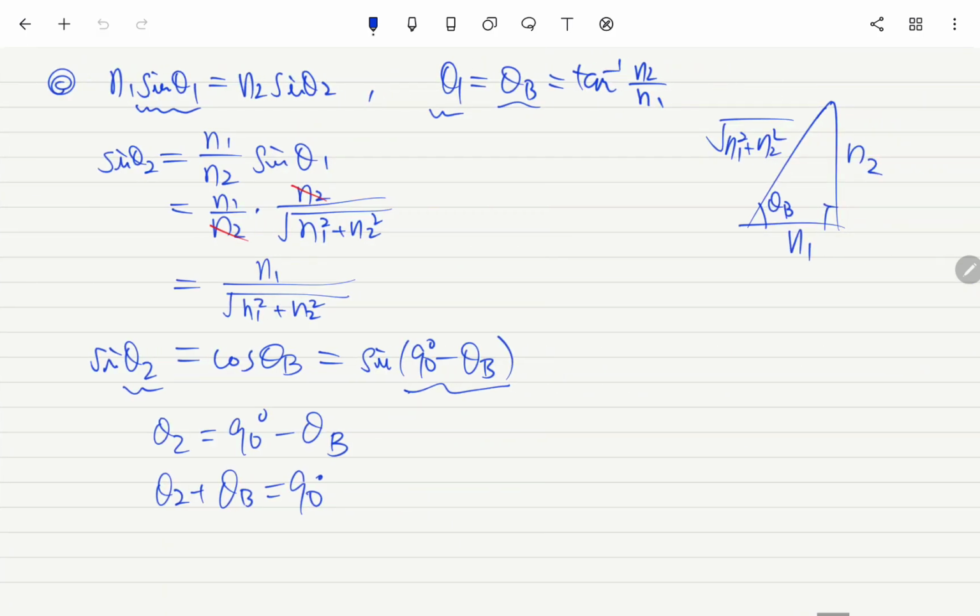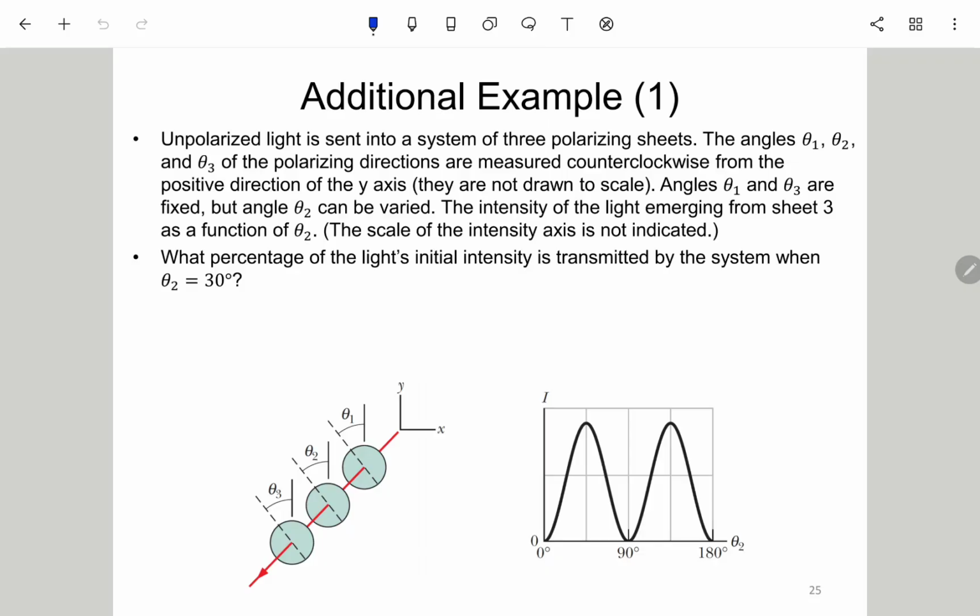So here we have some additional example. Let's take a look at it. It says unpolarized light is sent into a system of 3 polarizing sheets. Here we have 1, 2, and 3.